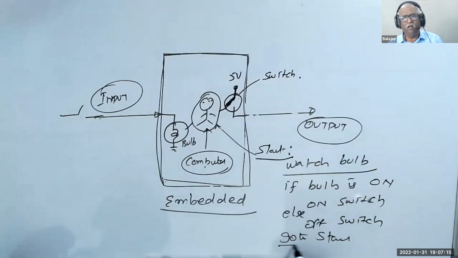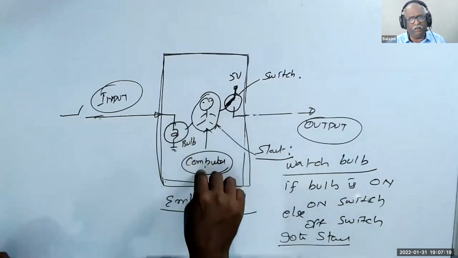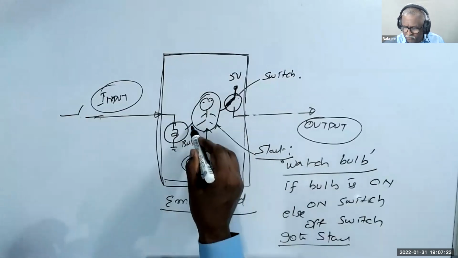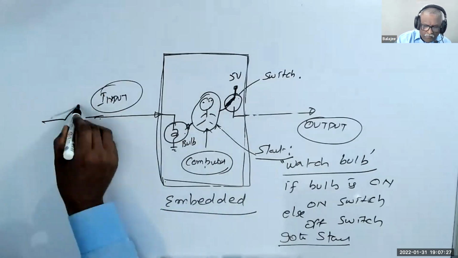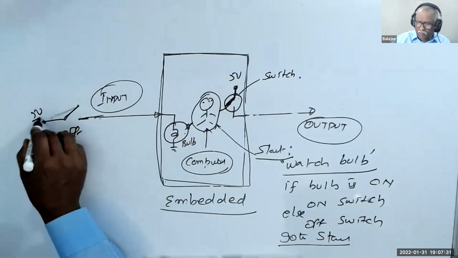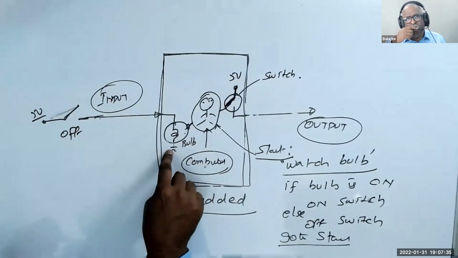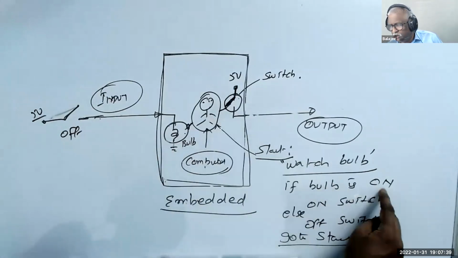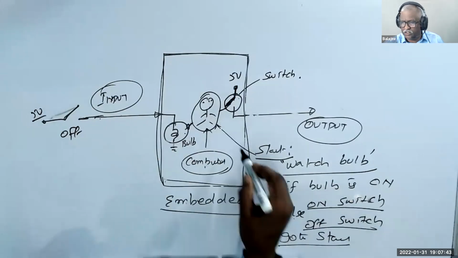See what our man, the computer sitting here, is going to do. He will watch the bulb. Oh, bulb is off. The moment the input switch is off, the bulb is off. Since the bulb is off, he will off the switch.